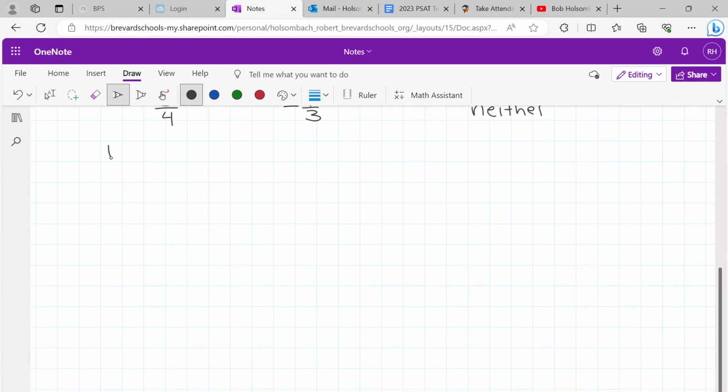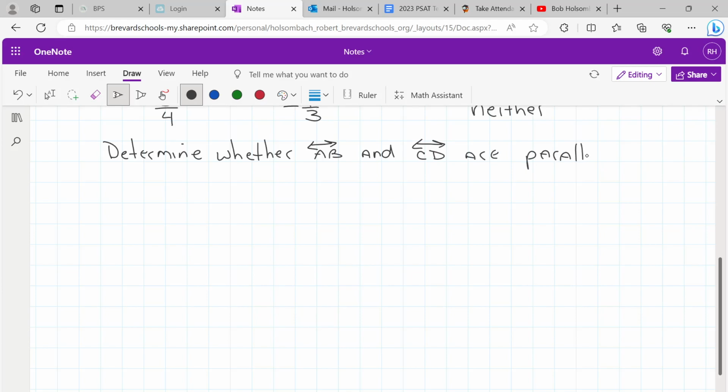So if we need to determine whether line AB and line CD are parallel, perpendicular, or neither.